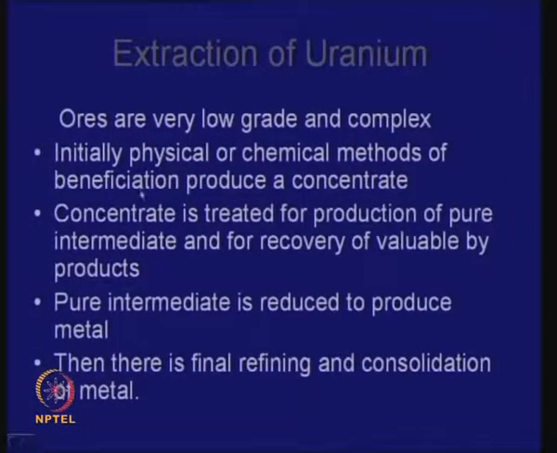Then once we produce a concentrate, our goal will be to treat the concentrate to produce a pure intermediate. Now, recall that when we talked about purification of metals, I had said basically we follow two approaches when it comes to refining.